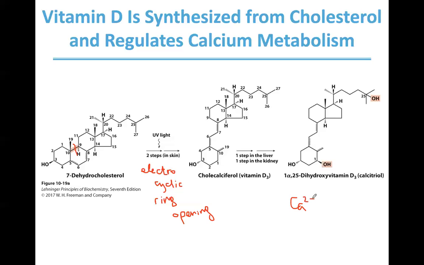So vitamin D is involved in the regulation of calcium in the body. One of the main functions of that is to increase absorption of calcium in the intestine, right? So calcium from food will be absorbed in the intestine into the body, into the bloodstream, and vitamin D is an important molecule in that process.